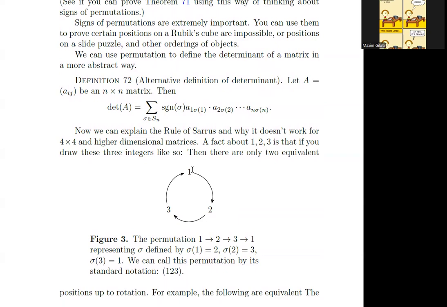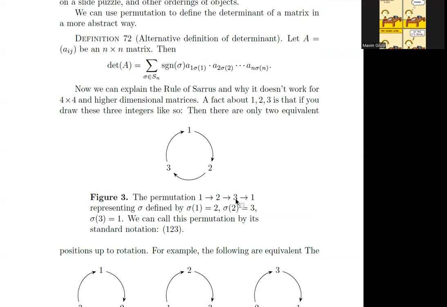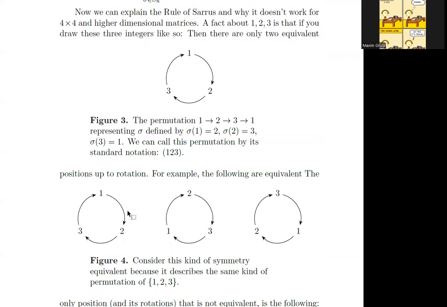So in this case, 1 to 2, 2 to 3, 3 to 1 has no real starting point. 1 is an arbitrary starting point, but 3 goes to 1, 1 goes to 2, it kind of goes in a circle. And so it's the same as any of these other ones. 1 goes to 2, 2 goes to 3, and then we loop back around to 1. So these are all the same.